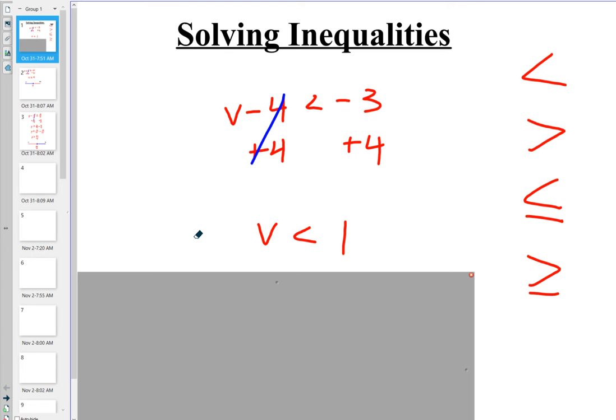What would I need to see? I need to see the number line.